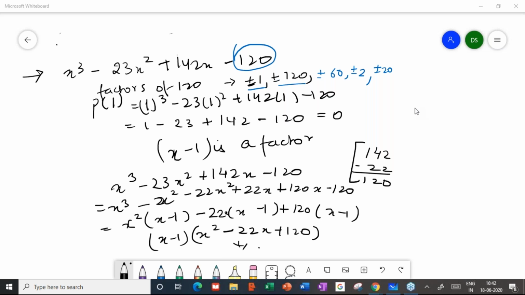Yeah, you can do that. You'll get a quotient and you might get the remainder as 0. The quotient will then be x square minus 22x plus 120. Yeah, then you can split the quotient and get the factors. Yeah, you can do that.